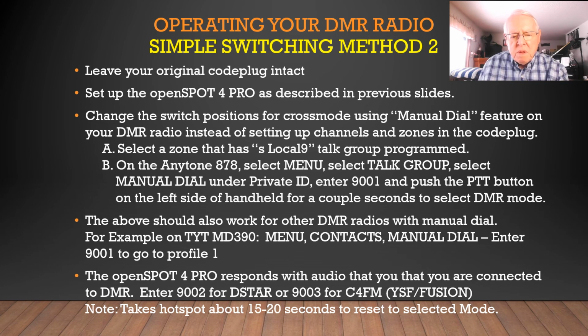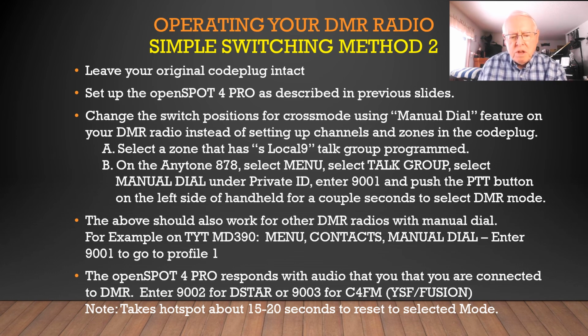Then on the menu, you can select the talk group, which is at the top of the menu, I believe, and select then next manual dial, and under the private ID, which appears at the top of the box that pops up when you select manual dial, just enter the numbers 9001 if you want to use DMR, and push the push to talk button on the left side of the handheld for a couple of seconds to select the DMR mode.